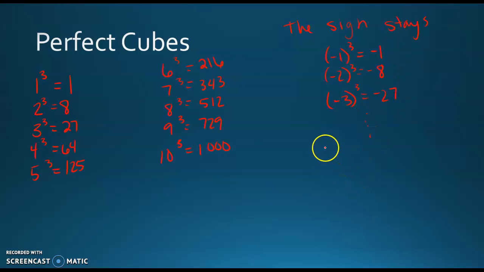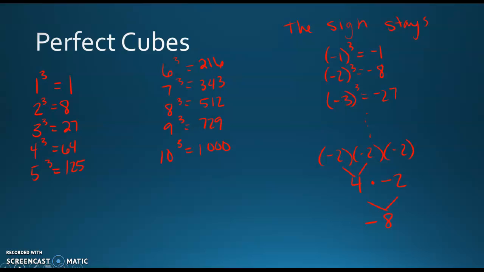The reason is because if I do -2 times -2 times -2, the first 2 becomes a +4, and then I take that +4 times a -2, and that becomes a -8. What it comes down to is if you have odd exponents, negatives will stay negative. If you have even exponents, everything becomes positive because you will pair off all your negatives.